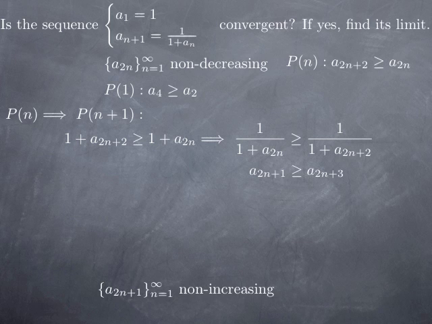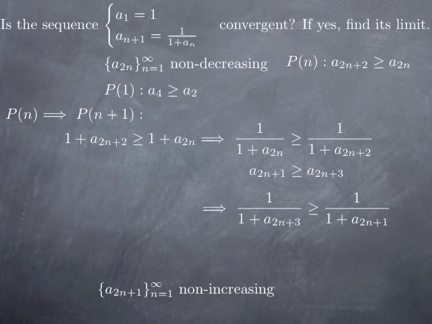But what I have on the left hand side is a indexed by 2n plus 1, and on the right hand side is a indexed by 2n plus 3. But now we can do that again, add 1 on both sides and take the reciprocal. When I take the reciprocal, I reverse the direction of the inequality, and so we get 1 over 1 plus a(2n+3) greater or equal to 1 over 1 plus a(2n+1).